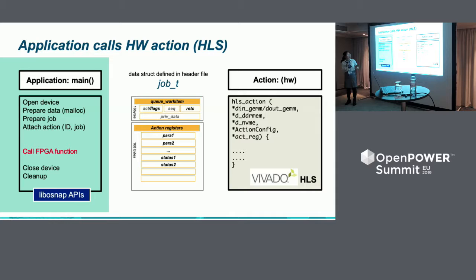Okay, and for HLS, we have already defined an internal data structure, meaning the job type. It has some control information and also some parameter information. So when you try to link the HLS action, it is even simpler. You just need to fill in the data structure here.